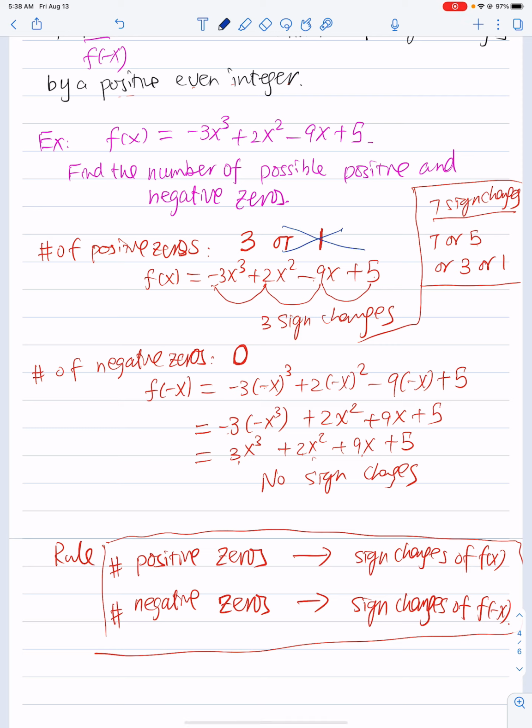So how many positive zeros could we have? 3. One is not possible anymore because we do not have negative zeros. So the number of positive zeros is 3, and the number of negative zeros is 0. Okay, that's for this section.